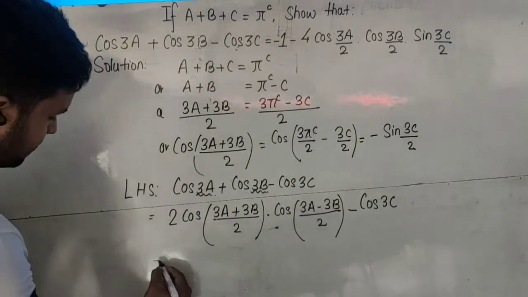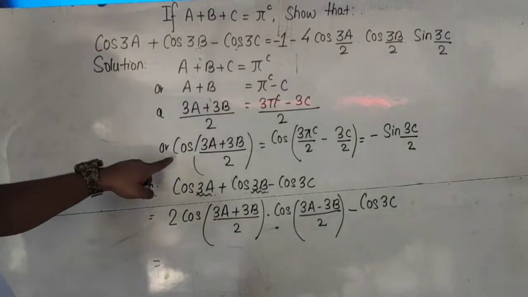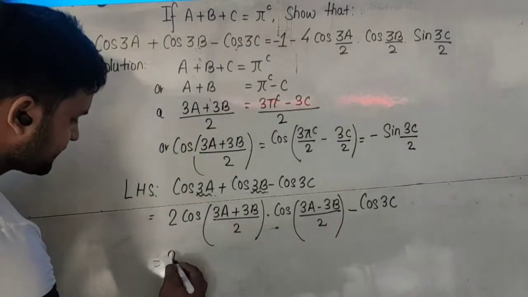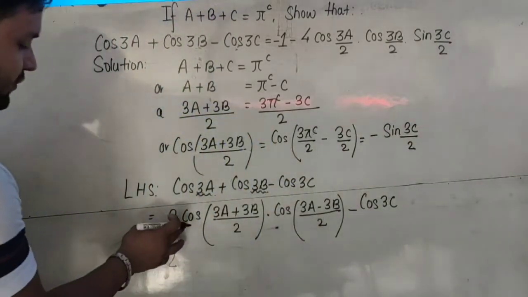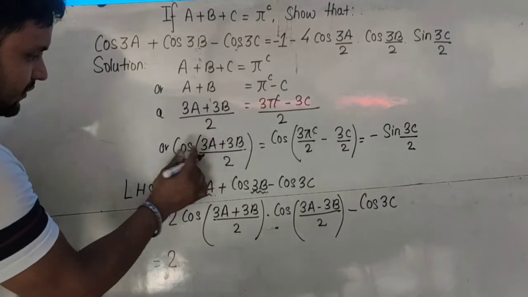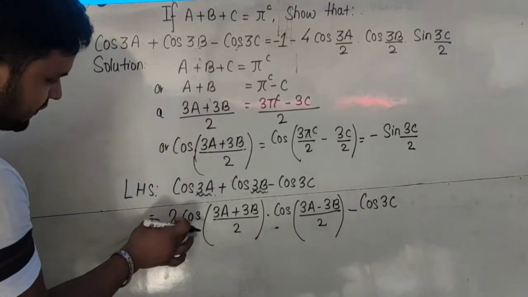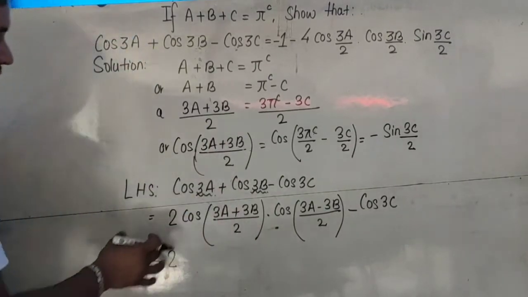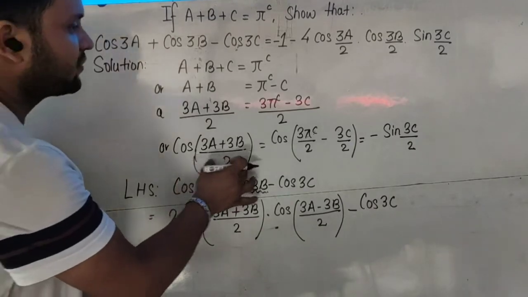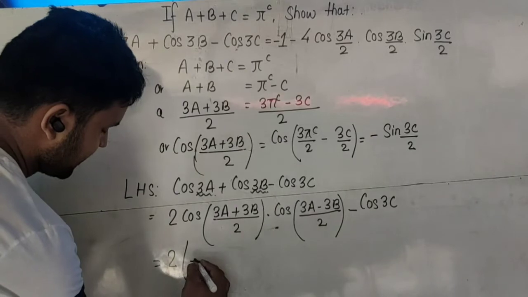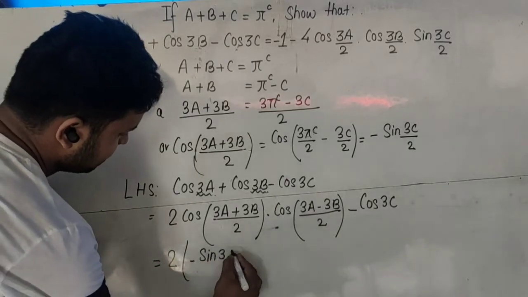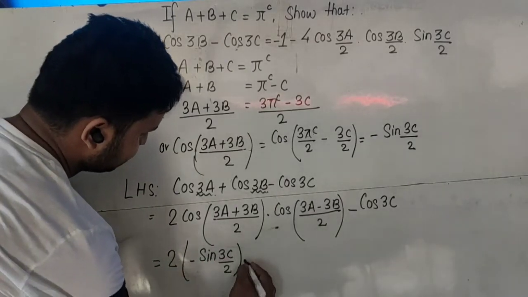Okay, now from the earlier calculation we have got the value of cos 3a plus 3b by 2 as minus sin 3c by 2. Here you also have the same term, cos 3a plus 3b by 2, so it is equal to minus sin 3c by 2. You can write here minus sin 3c divided by 2.